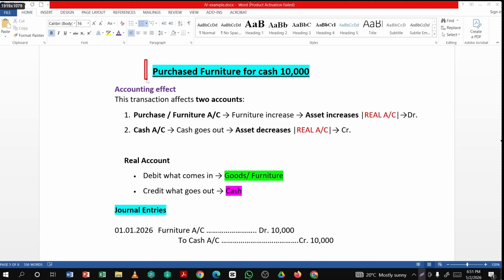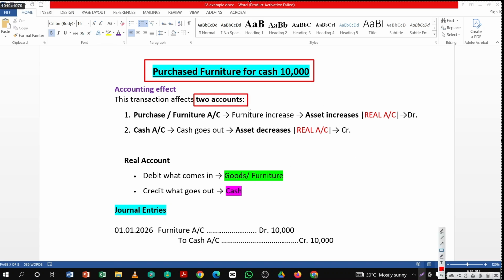Second transaction, purchase furniture for cash taka 10,000. This transaction affects two accounts. One, purchase furniture, and second, cash taka 10,000. Furniture is purchased, so furniture increases, that is asset increase. This is a real account. In accounting rules, real account, what comes in is debit.